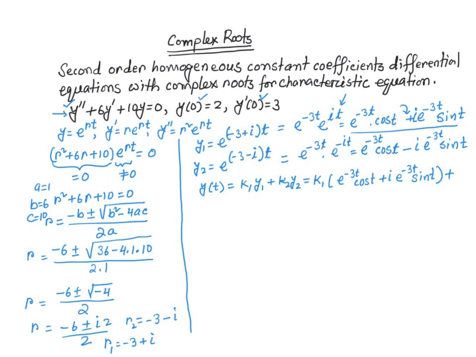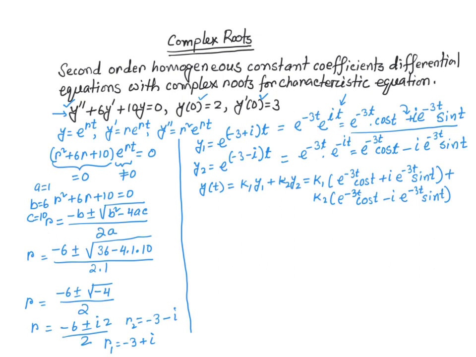Then plus k2 times e to the power negative 3t cosine of t minus i times e to the power negative 3t sine of t. Now, these k1 and k2 are some constants.